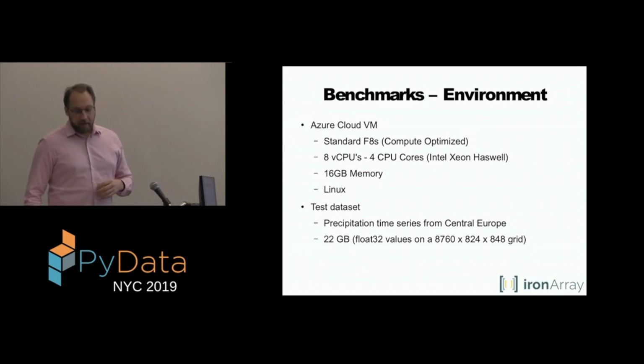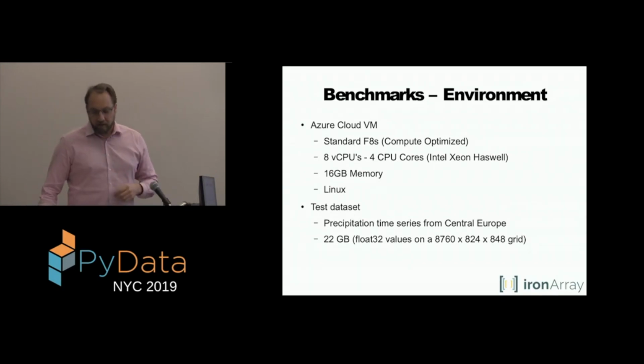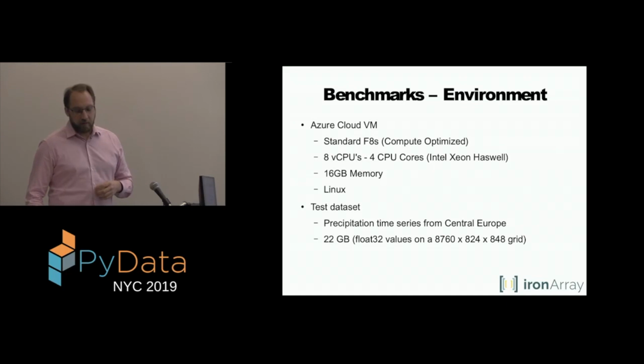And the test data set is what Francesc already said, precipitation time series data from Central Europe. The whole data set is 22 gigabytes on disk, which gives you this grid as indicated below.